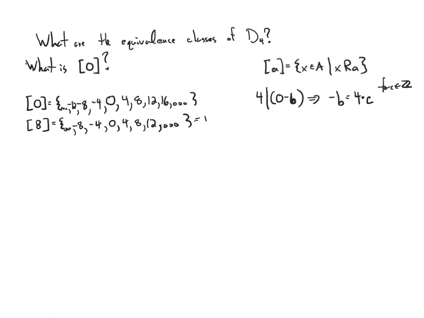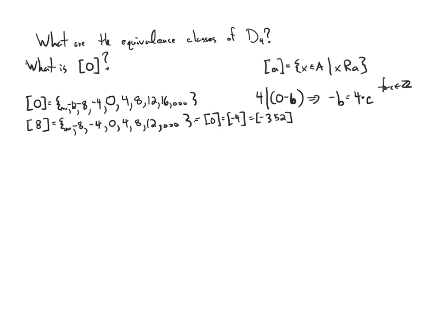And that is, of course, the same as the equivalence class of 0, which is the same as the equivalence class of -4, which is the same as the equivalence class of -352, whatever you like. Anything that's a multiple of 4 is going to have the same equivalence class. All of these guys are in the same equivalence class.